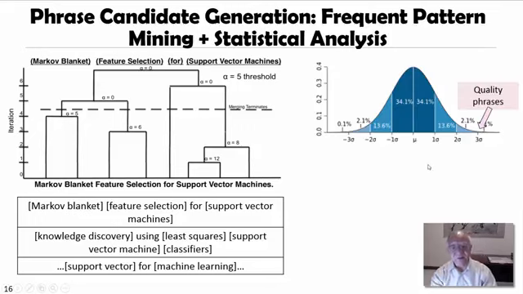Actually, the trick is very simple. If we think about the normal distribution, the Gaussian distribution, by basic statistics we know that if you get one standard deviation away, the chance of getting this is 1 minus 68.2%.